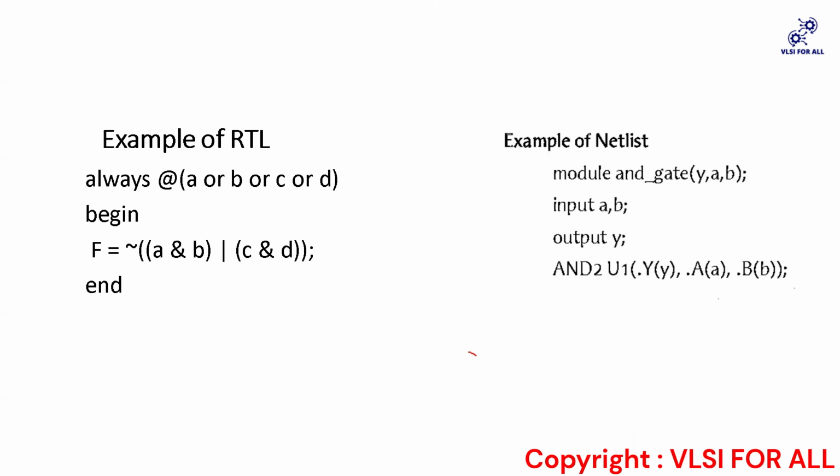Wire load models allow DC, our tool, to estimate the effect of wire length and fan out on resistance, capacitance, and area of nets. I'll repeat it once again. Wire load models allow DC, a tool, to estimate the effects of wire length and fan out on resistance, capacitance, and area of nets.